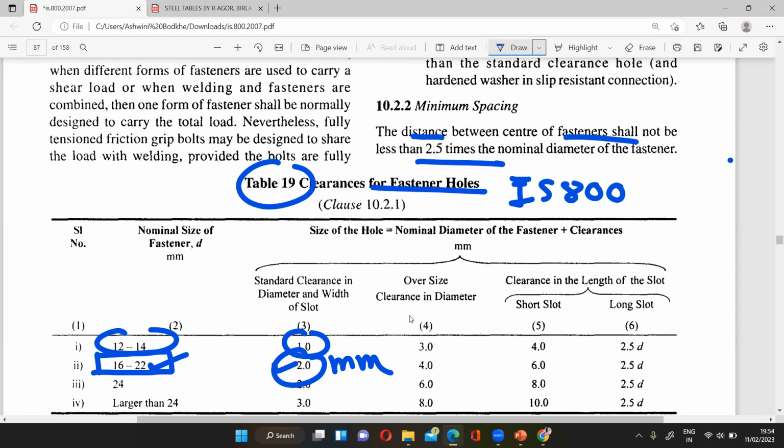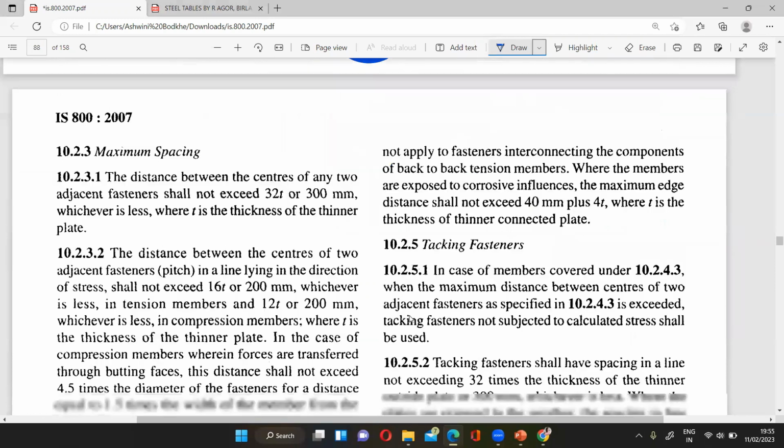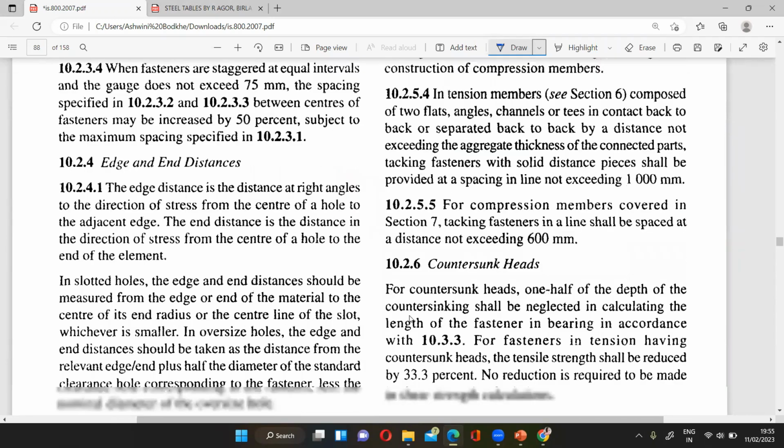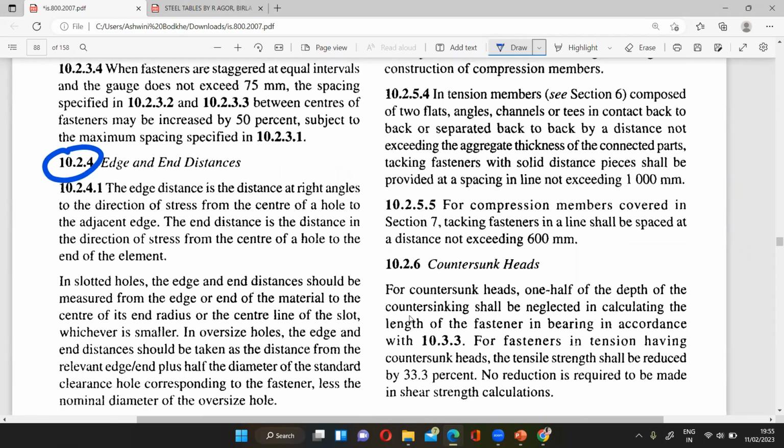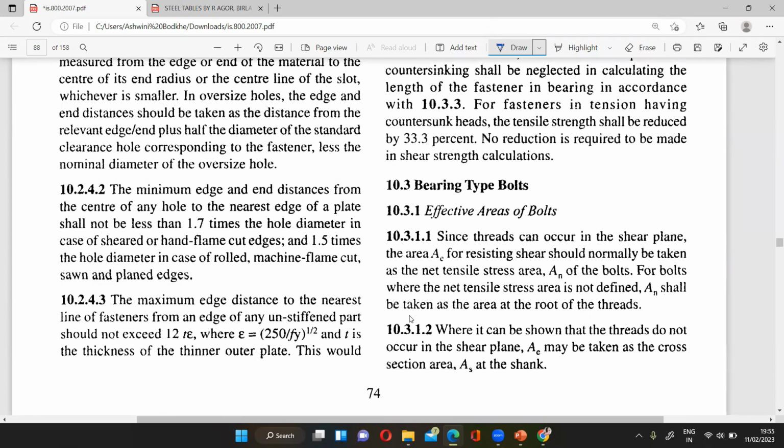It means pitch should not be less than 2.5 times the nominal diameter d. And for end distance, clause number 10.2.4, end distance is given somewhere here, that is 1.5 times the hole diameter in case of rolled edges. So, end distance equal to 1.5 times the hole diameter, that is d naught.